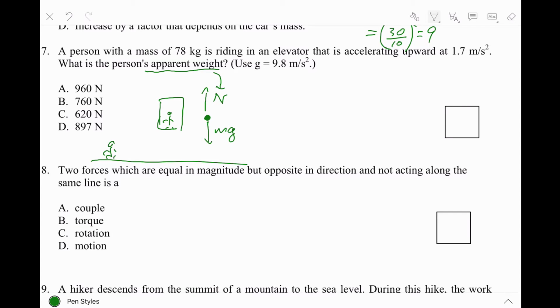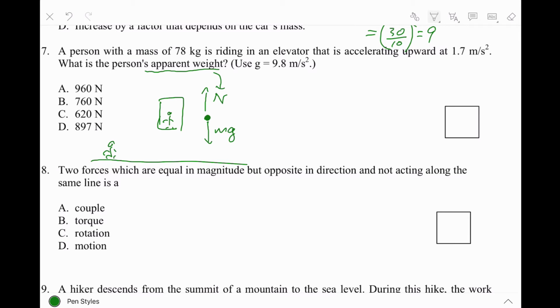You don't get any support, and you feel weightless. So it's the support, the normal reaction, that we call the apparent weight. So this is the first key physics idea. You have to turn this into mathematics.